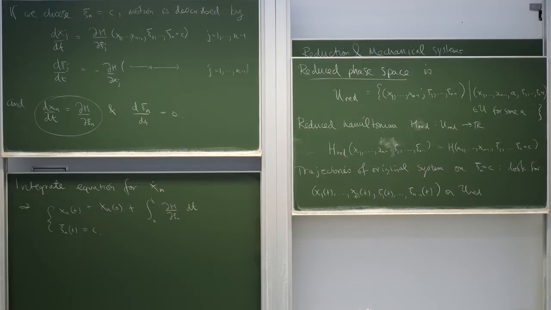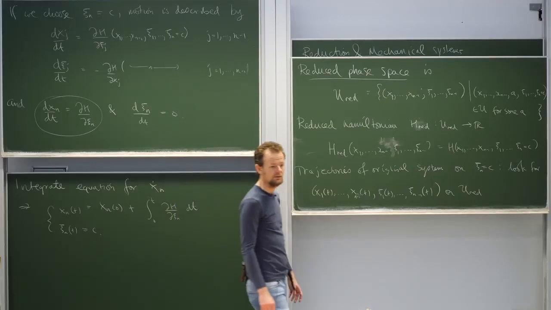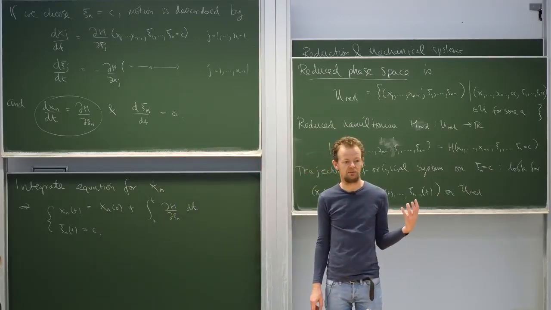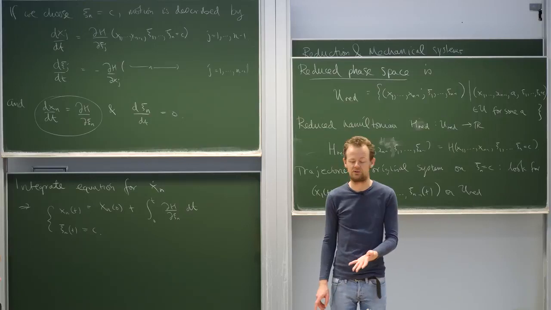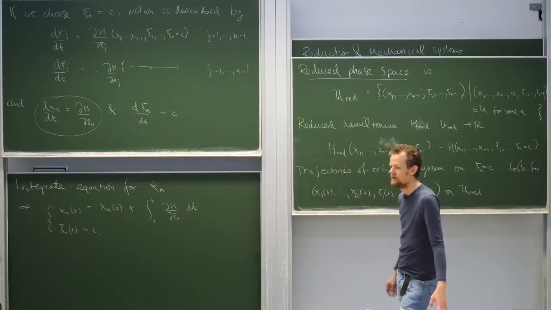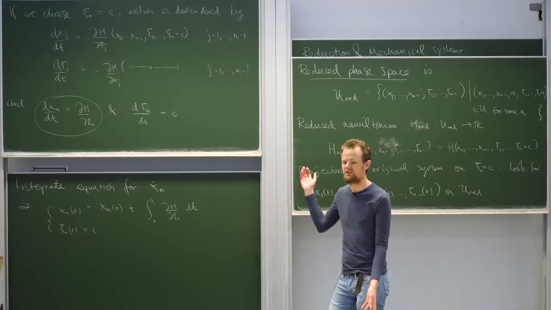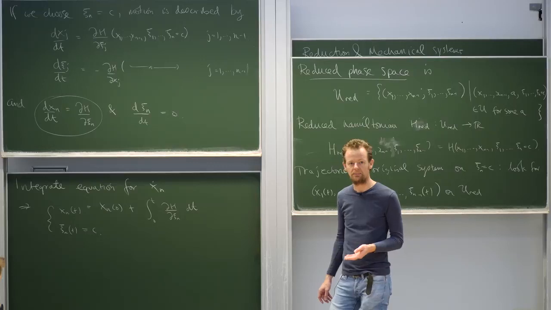So I think this is a good moment to stop. In the next lecture, we're going to look at the geometry of the image of the moment map. So the moment map for Hamiltonian systems is just a function, it's the energy function. And it has certain geometrical features. It's always positive, as long as you choose the zero of energy appropriately.